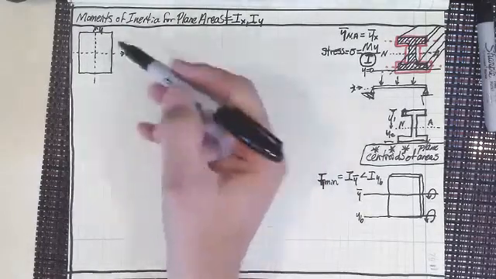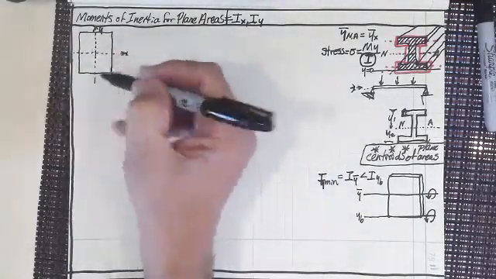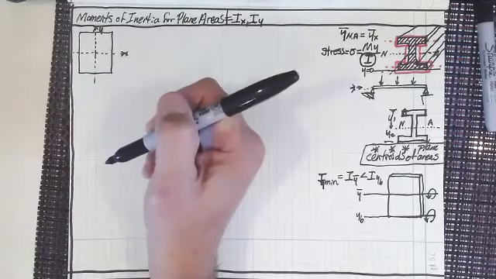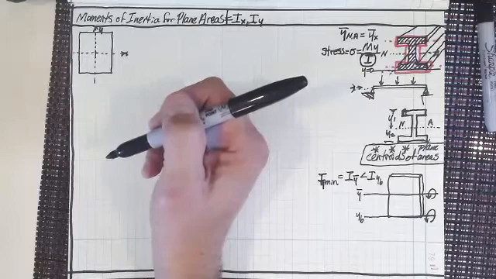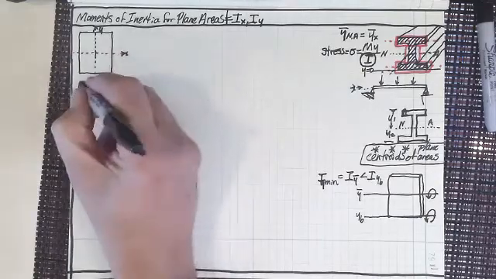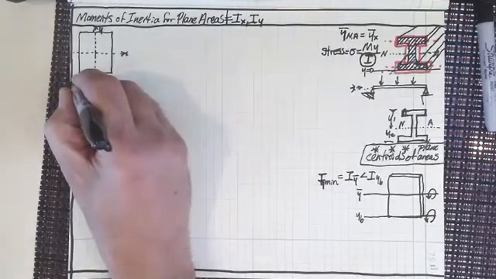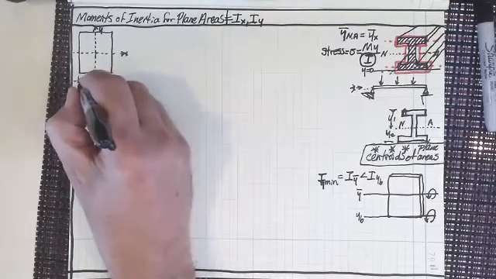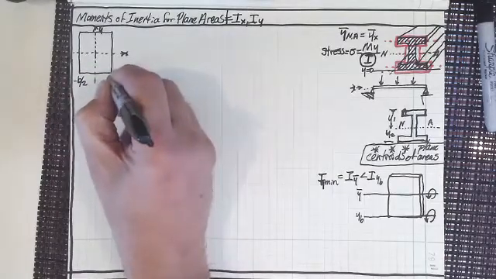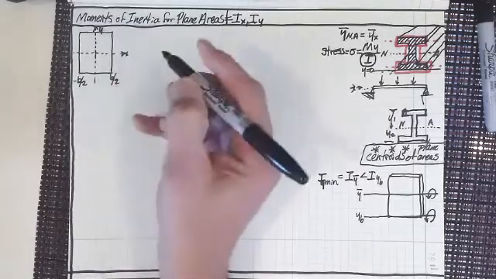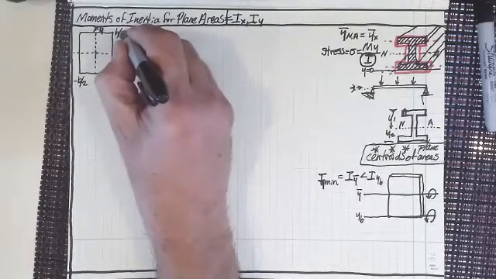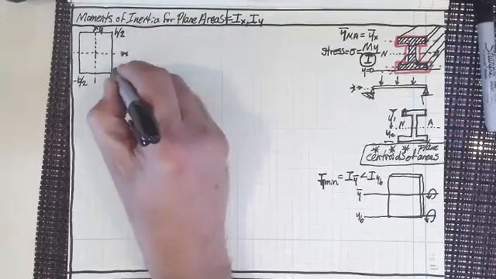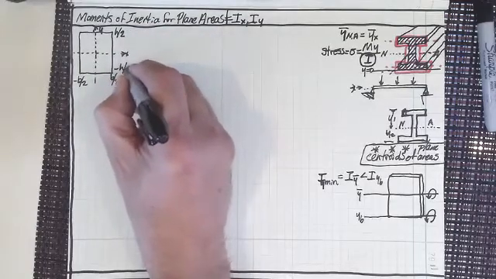And so if this is 0, 0, right in the middle here, then we're really going from minus b over 2, and that would be plus b over 2, and then this would be h over 2, and this would be minus h over 2.